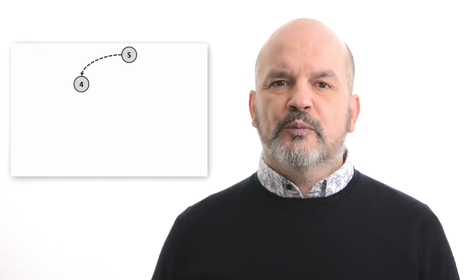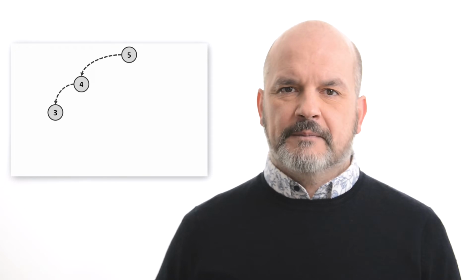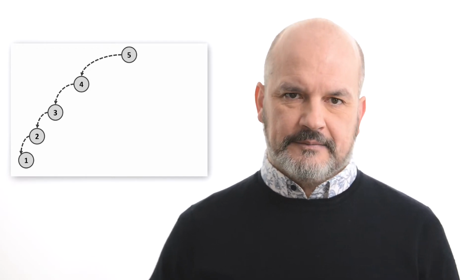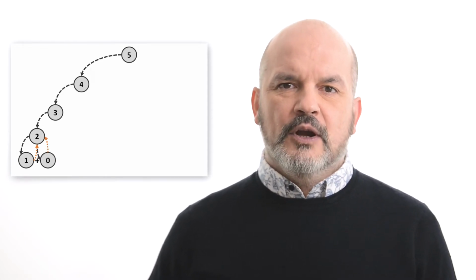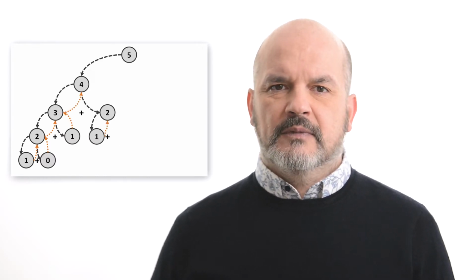In order to complete this computation, we need to compute Fibonacci of 4 on the left branch, which needs to compute Fibonacci of 3, again on the left branch of the tree. And we keep doing that until we are at the end of the branch, which is one of the base cases. Then we start looking at the right branch, the second term in the expression of the Fibonacci sequence. We keep doing that until we have our final result.